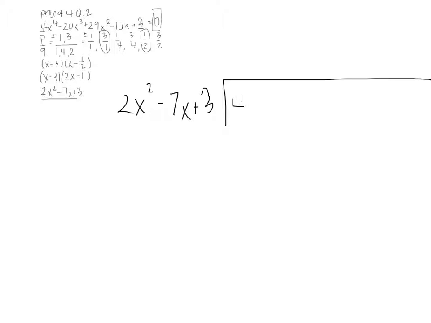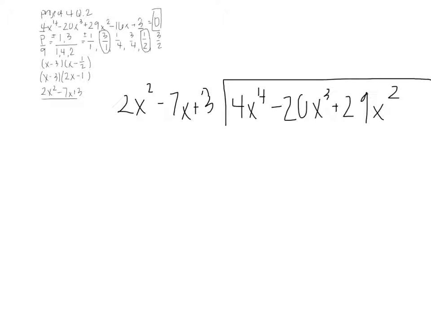So we are going to have 2x squared minus 7x plus 3, and that's going to go into 4x to the 4th minus 20x to the 3rd plus 29x squared.